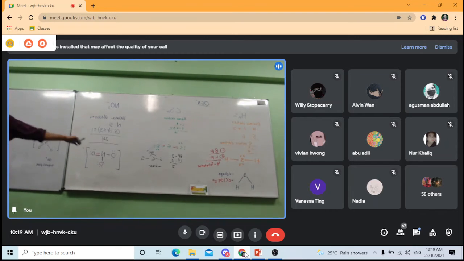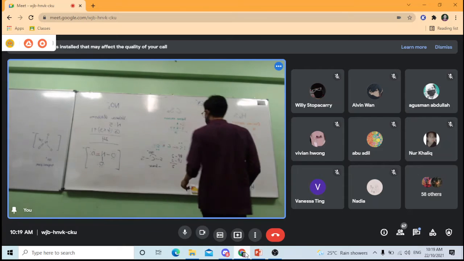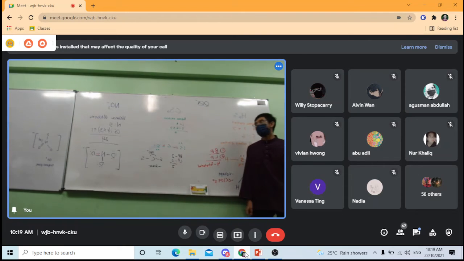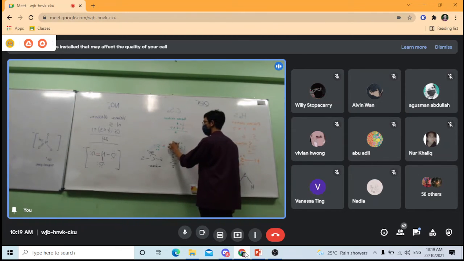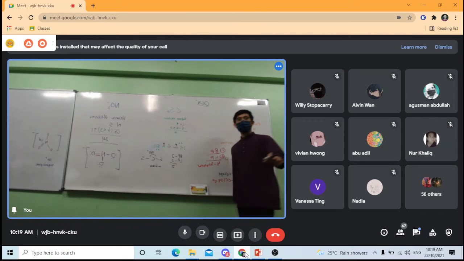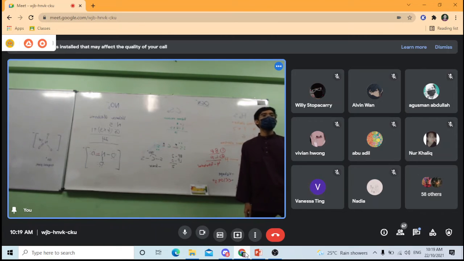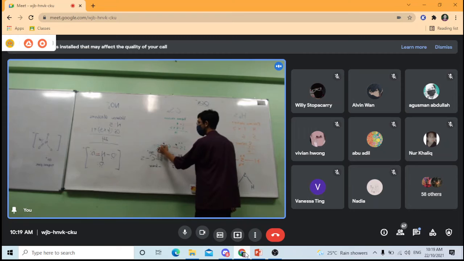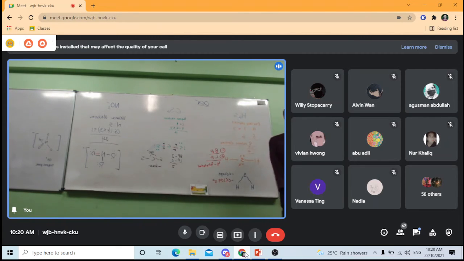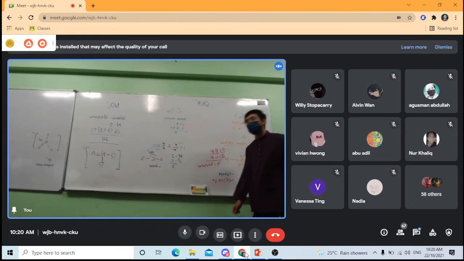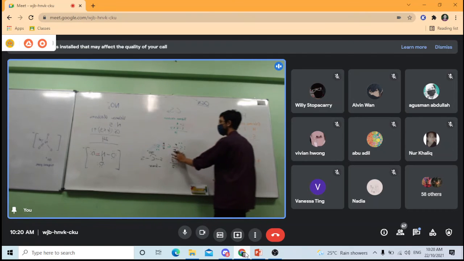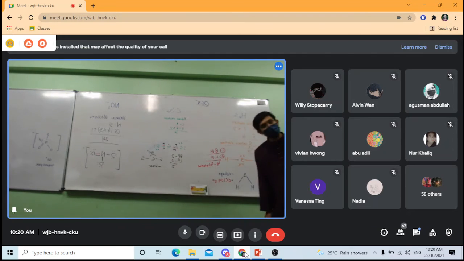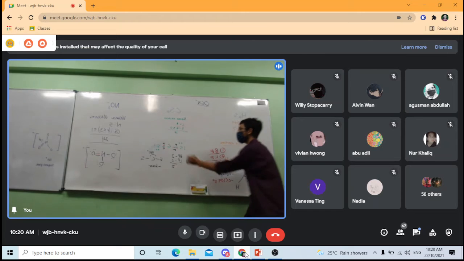Okay, this is double bond, right? Double bond comprises a sigma bond. Always it is. The very first bond is sigma bond. The second bond is pi bond. The specific characteristic of pi bond is it restricts rotation and it restricts molecular symmetry. Okay. So the only thing yang kita tengok is sigma bond only.